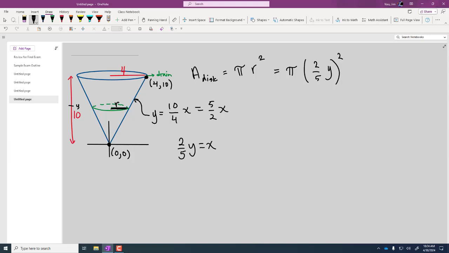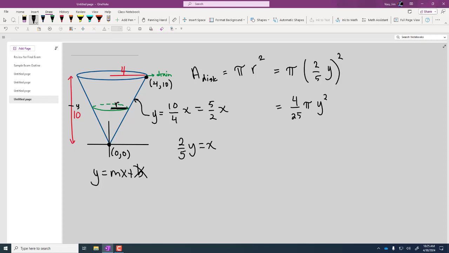So when we look at the equation of a line, mx plus b, if we're going through the origin, b is 0. So we get y equals mx, but then we want to isolate the x because we're measuring the radius as a horizontal distance, and that's what x measures. X measures horizontally, y measures vertically, and so now we have 4/25 pi y squared.